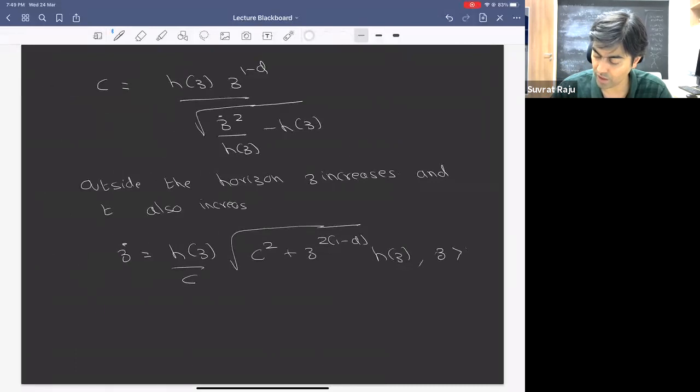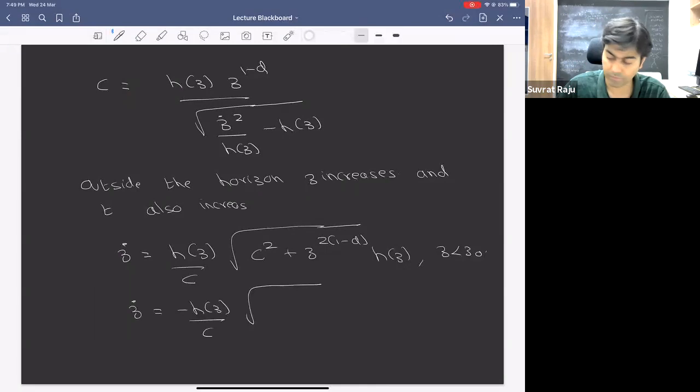So this is for z smaller than z0. This is outside the horizon, where you expect z dot is positive, and then you set z dot to be negative inside the horizon. It's the same expression, but just with a minus sign. Okay. So this has given us already the shape of the minimal surface.